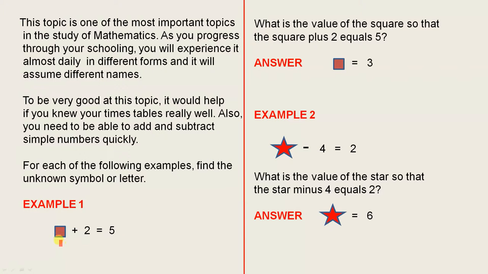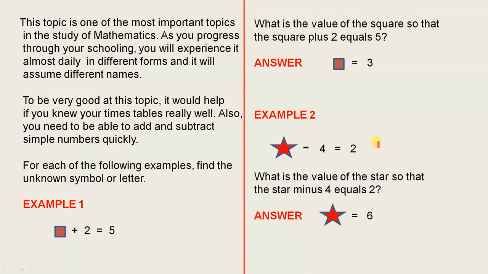So for example 1, the square plus 2 equals 5. So what is the value of the square so that the square plus 2 equals 5? I think we can see straight away that 3 plus 2 equals 5, so the square is 3.